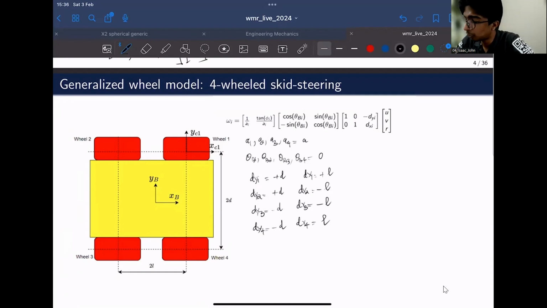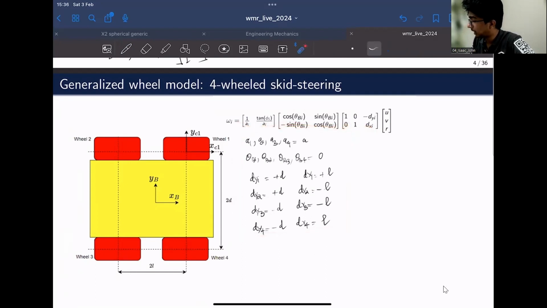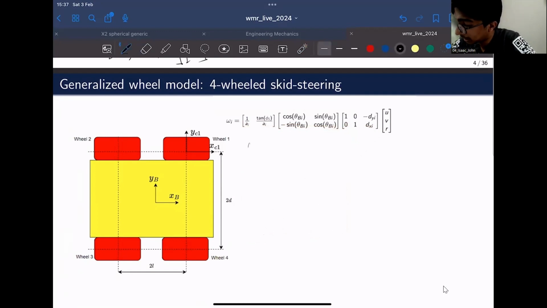So for all four wheels, if you substitute all of these parameters onto the generalized wheel model, you will basically end up with four equations. I'll give the final form of these equations. Omega 1 would be 1 by A, 0, minus d by A, times UVR.